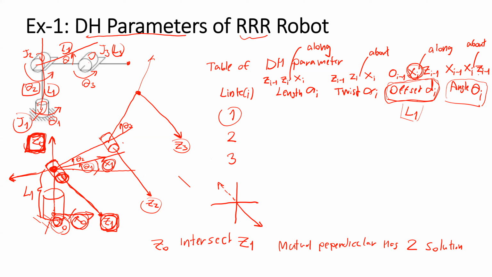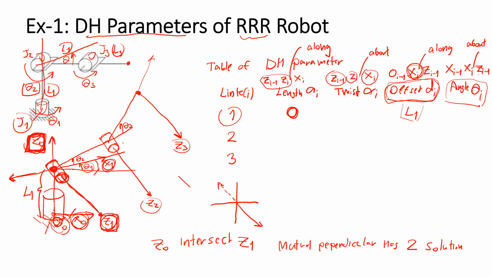Okay, come back to here. The link length is the distance between Z0 and Z1 along X1. But in this case, Z0 and Z1 intersect, so the link length will be 0. The link twist is the angle between Z0 and Z1 measured about X1.